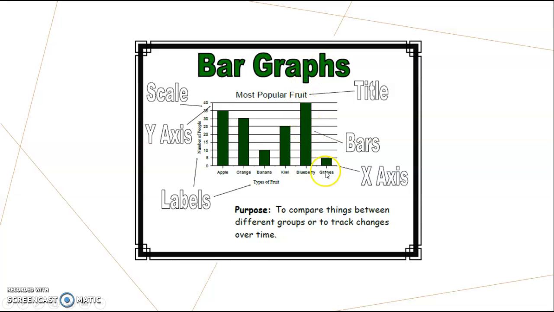And because this is a bar graph, there will be bars. That's how you know that this is considered a bar graph. And like we said, it compares different things or different groups. Also, you can track change over time, but bar graphs are mostly for comparing, right?